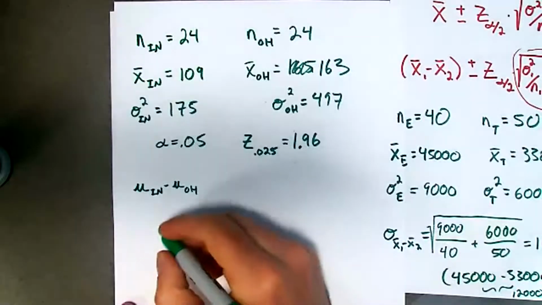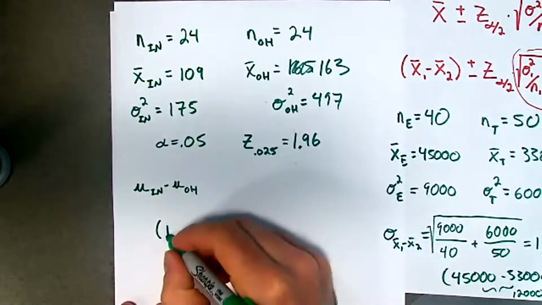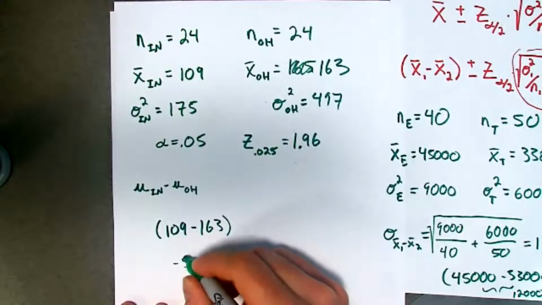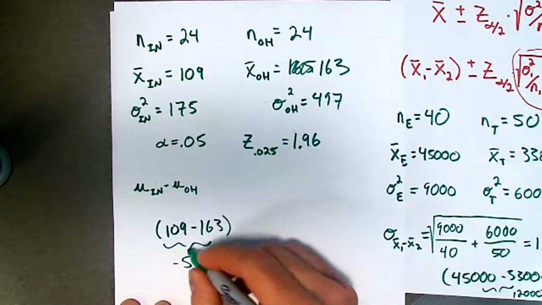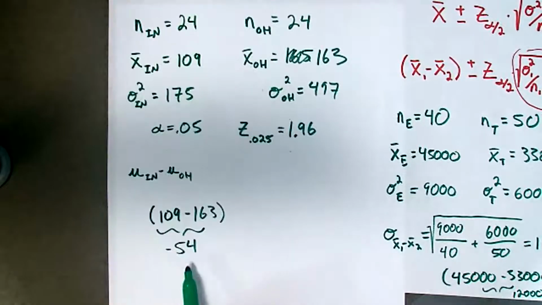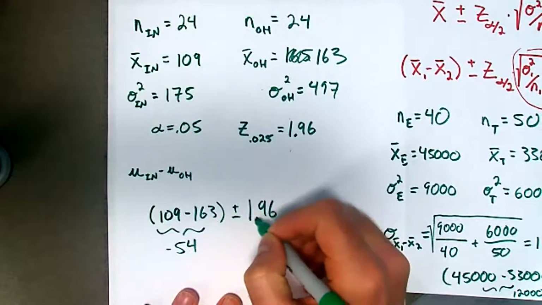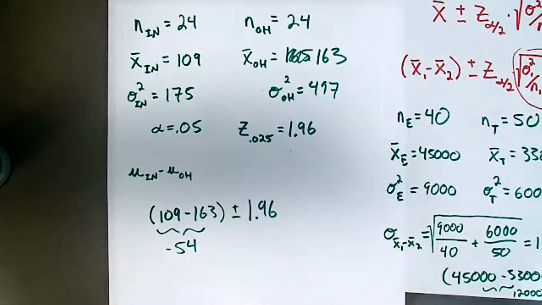Well, the sample difference I found is 109 minus 163. So I know that my confidence interval will be centered around negative 54. From there, I'm going to add and subtract. We said we can use that same z-score as the previous problem because we're using the same alpha. We're building the same confidence level, right?